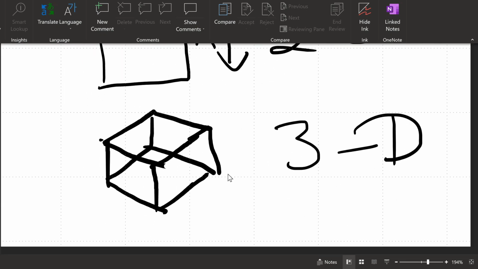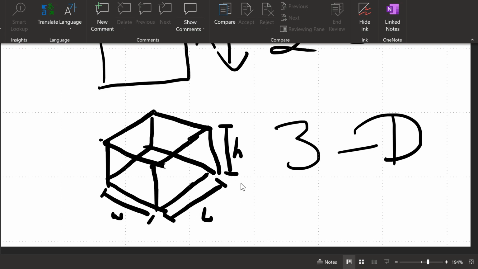In this case, we could have the width of an object, right? We could look at the length of an object. And finally, we could look at the height of an object.